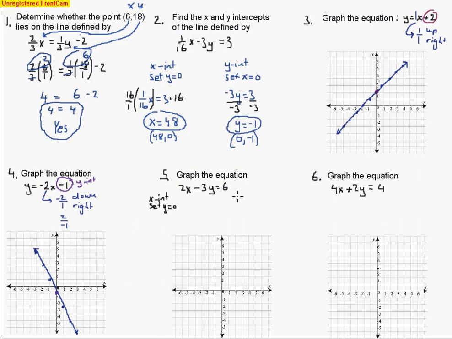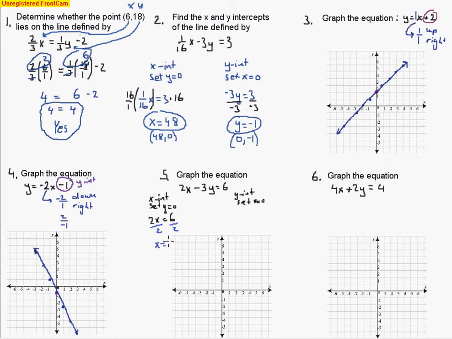And for the y-intercept, we're going to end up setting x equal to 0. So let's see what's left over. If I set y equal to 0, I still have 2x equals 6. So that would require me to do just one step of dividing by 2, and I would have my answer.